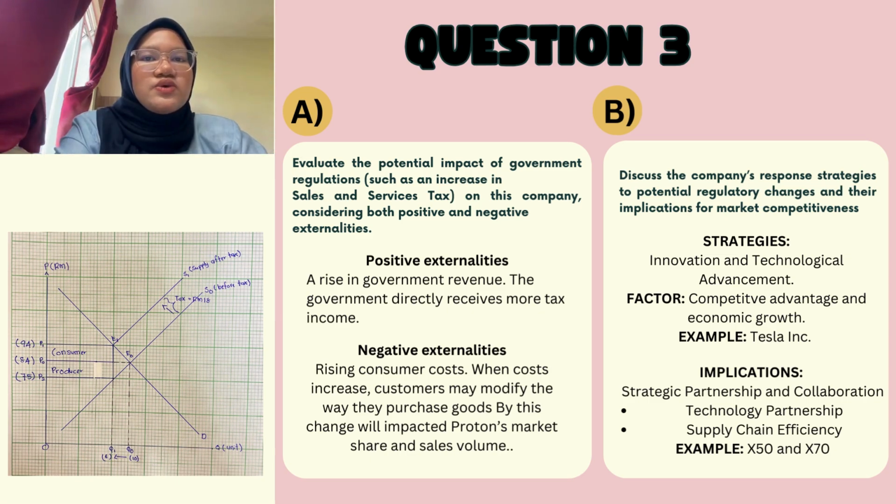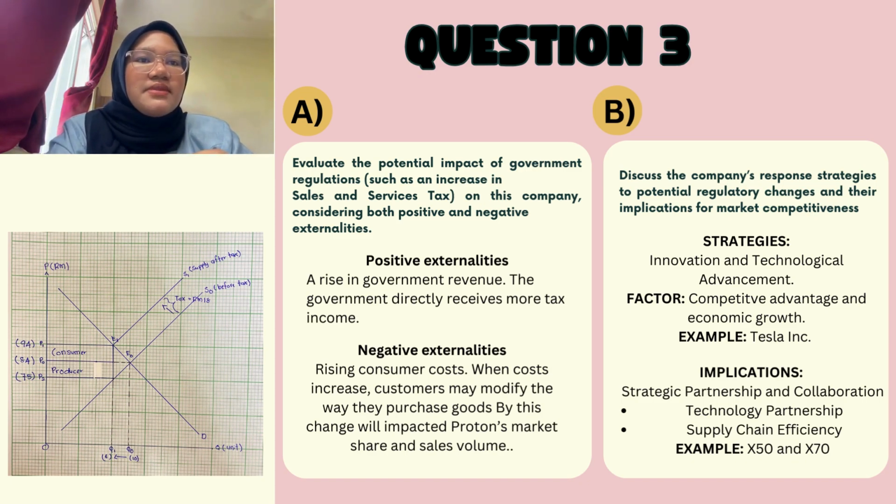For B, I need to discuss Proton's response strategies to potential regulatory change and their implication for market competitiveness. My answer is that a strategy Proton Holdings Berhad can use is innovation and technological advancement. Proton can focus on innovation to meet regulatory standards more efficiently or to differentiate itself in the market.